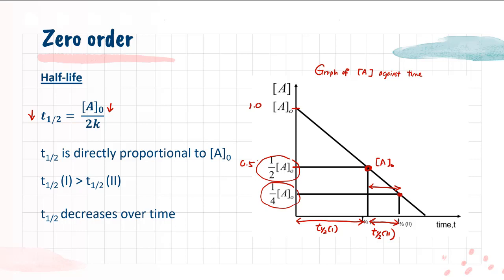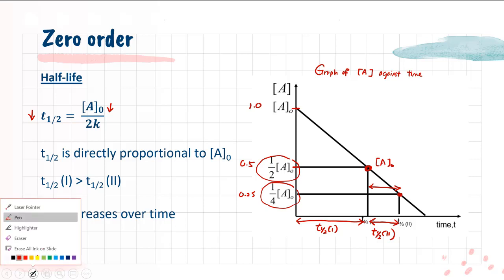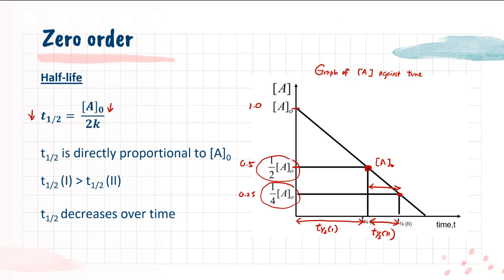Further reduced by another half, it becomes 0.25, and so on. So this is the pattern for zero order. You may want to jot down some of this information into your table. Very important now: the pattern over here for zero order is that the half-life decreases over time.